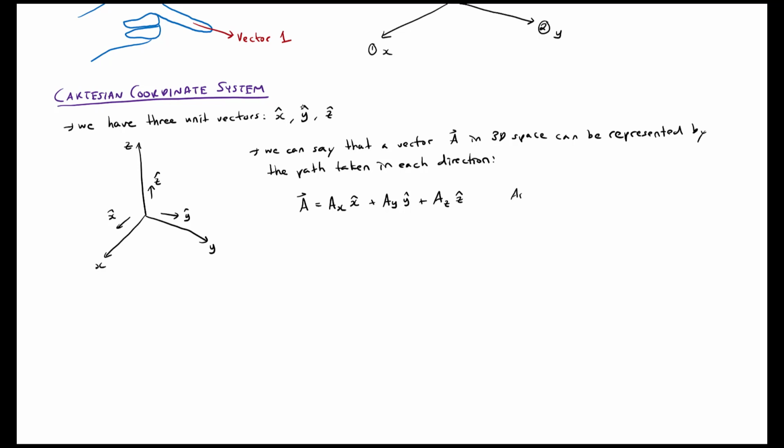So, as an aside, we'll write down A_x, A_y, A_z are the distances moved in the x, y, and z axis respectively.